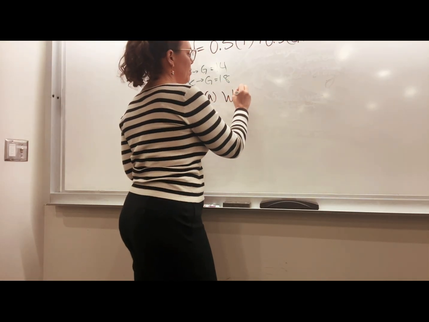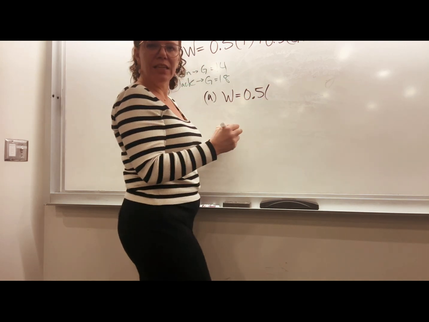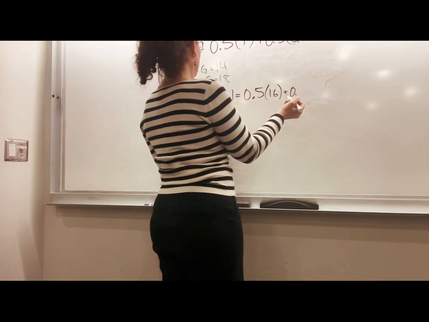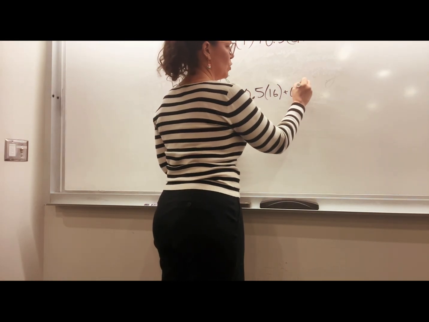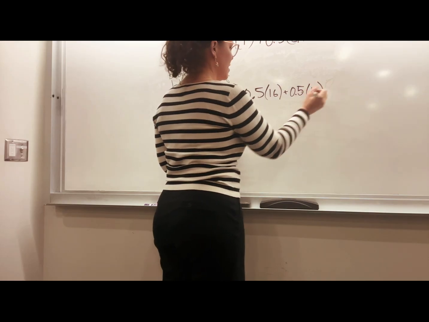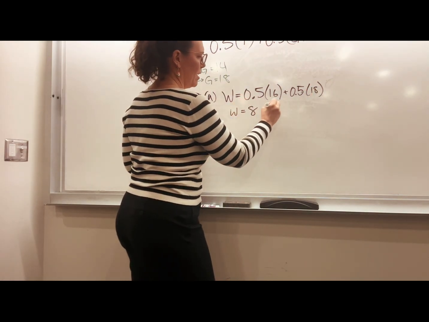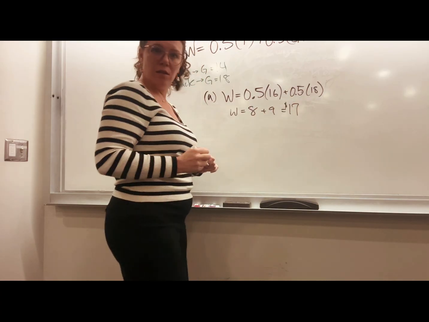And so for that one, we just plug and play. So we've got a test score of 16. And because this applicant has black hair, they're going to have a group score of 18. So that's going to give us a wage of 8 plus 9, or 17. So far, so good.